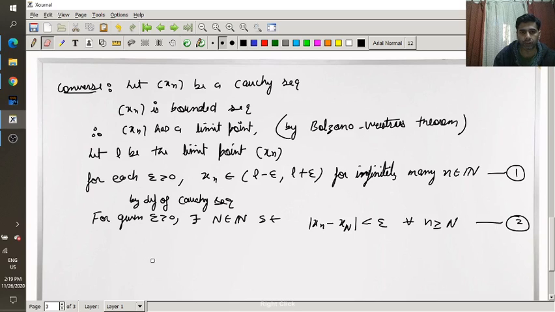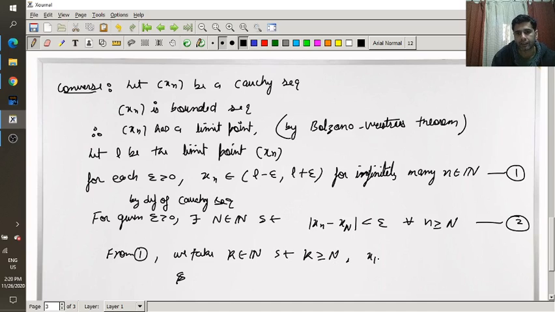So from 1, we take k belongs to natural numbers such that k is greater than or equal to N and xk belongs to (L minus epsilon, L plus epsilon), right?